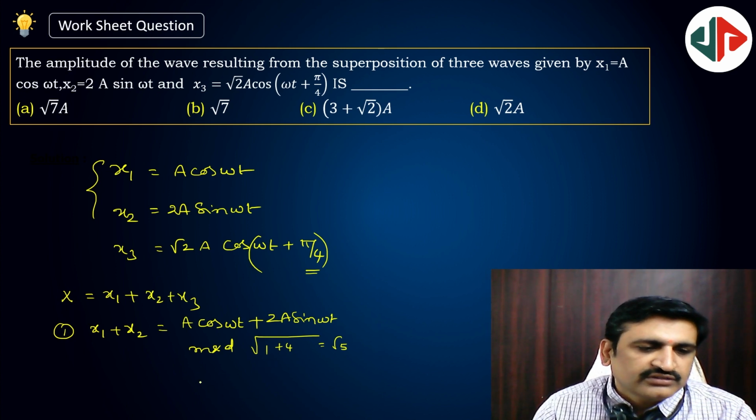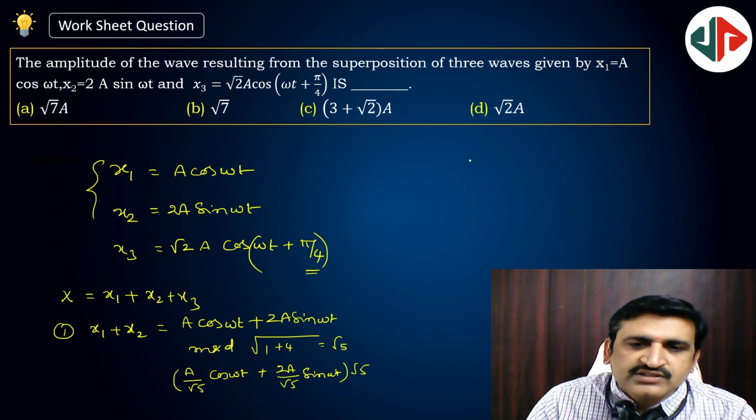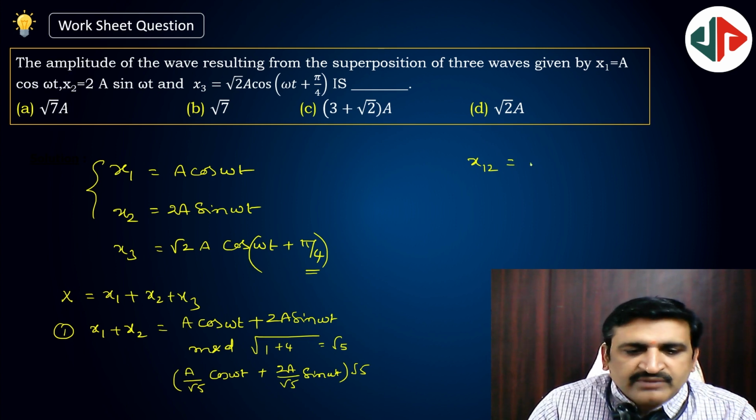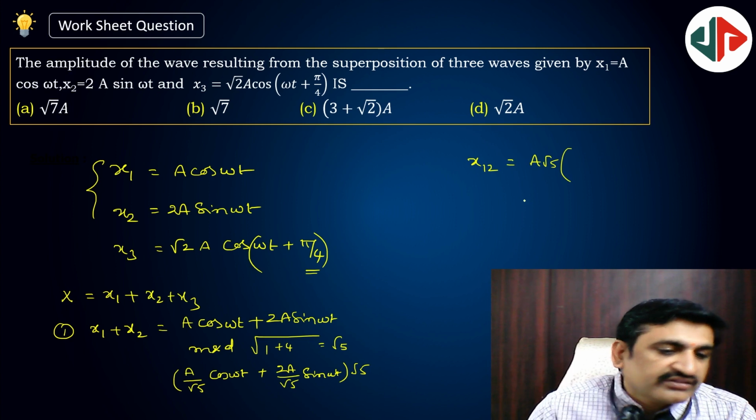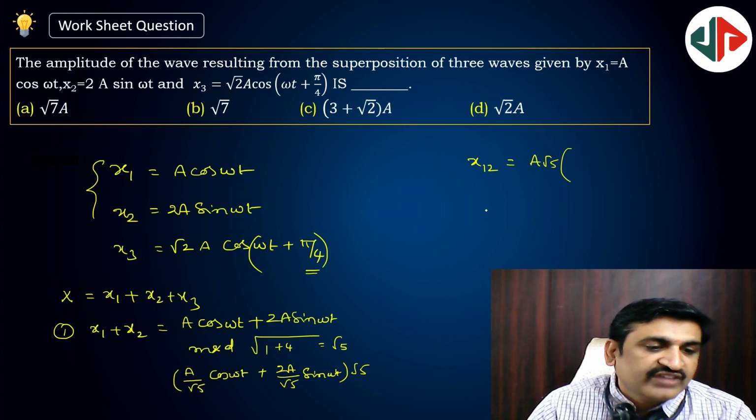Fine. Now multiply and divide with root 5. So a by root 5 cos omega t plus 2a by root 5 sin omega t, into root 5. So I multiplied and divided with this, because we added x1 and x2. A can be taken out, root 5 also taken out. So it will be 1 by root 5, some value.